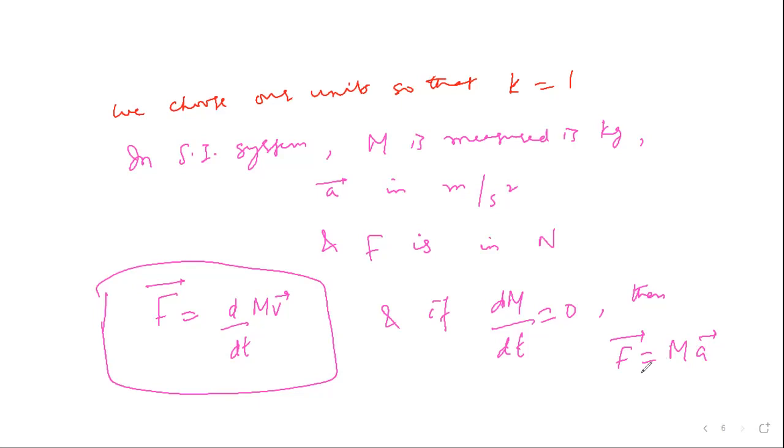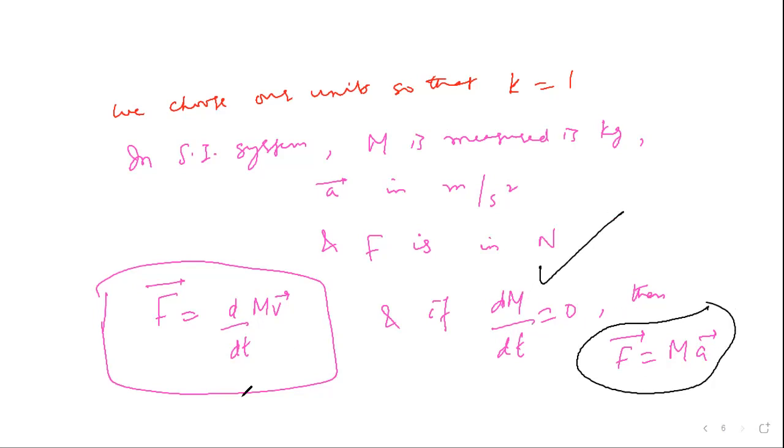That means you are treating it as constant, right? So a general way of writing Newton's second law is F equals d by dt of mv. When you write it as F equals ma, then you are assuming this.